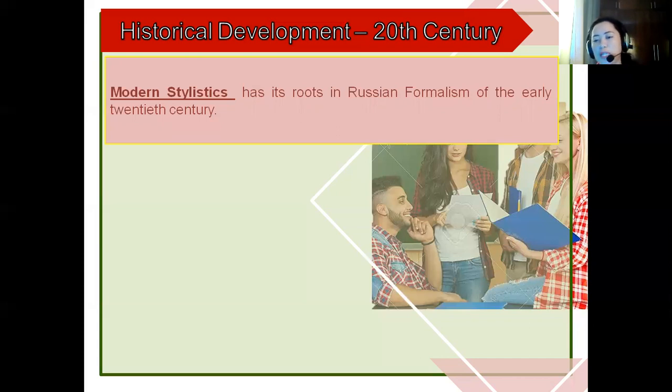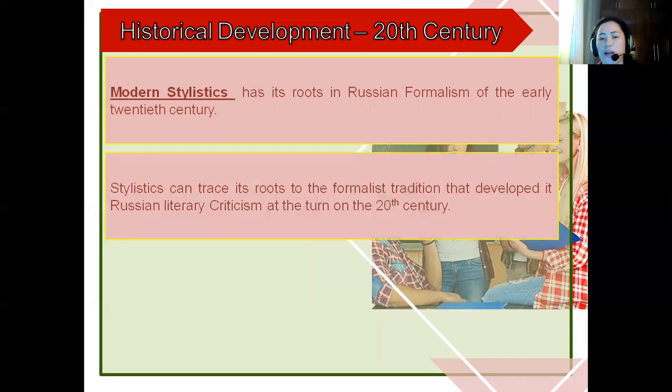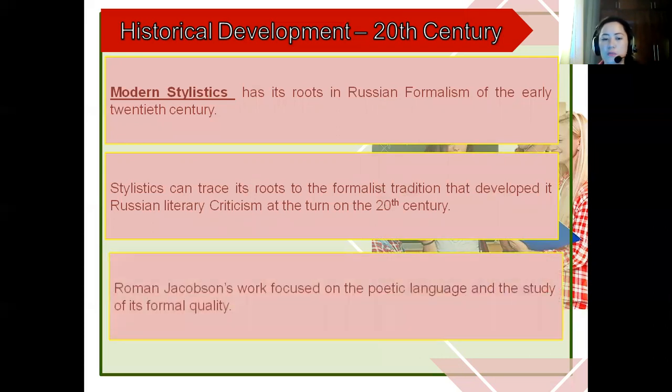This Russian formalism focused on poetry, or focused on the poetic language and the study of its formal quality. So poetry is the favorite subject of the modern stylistics.